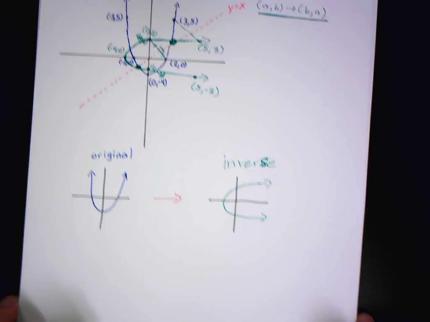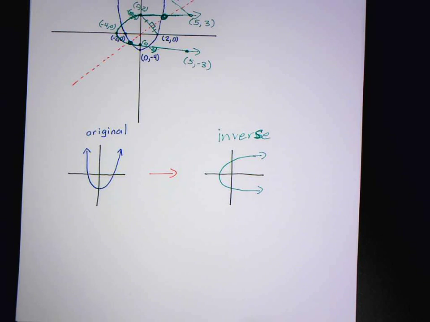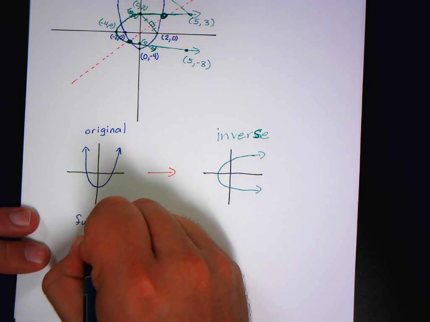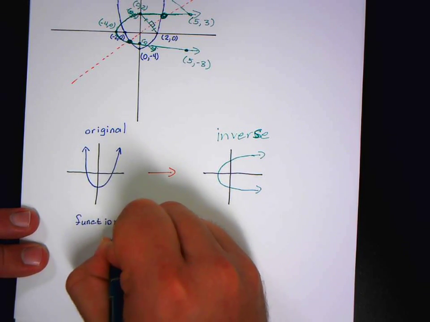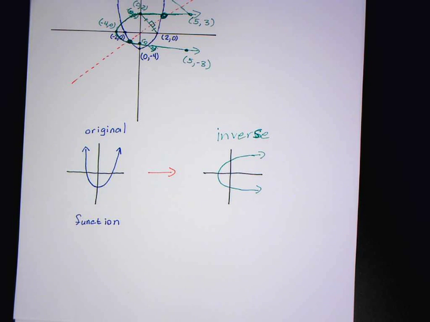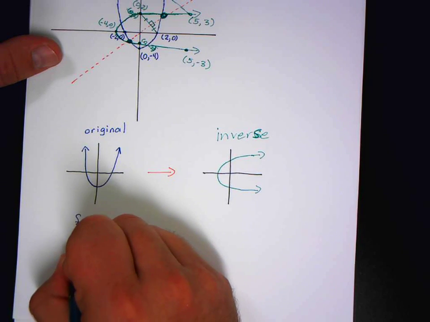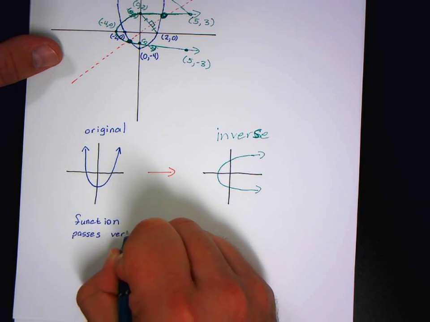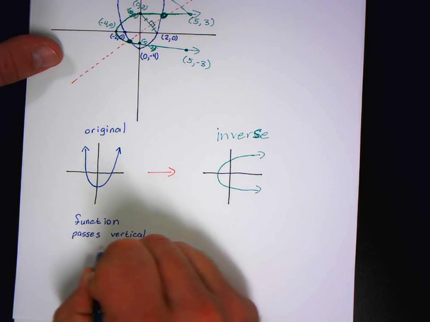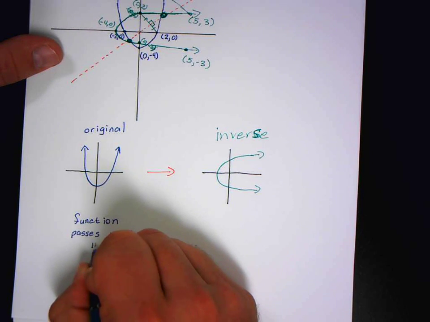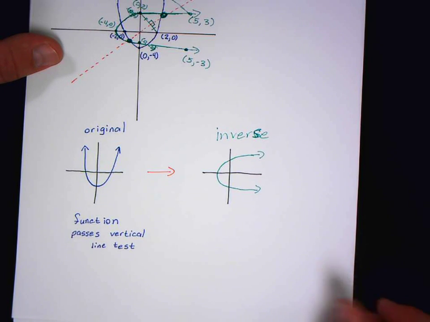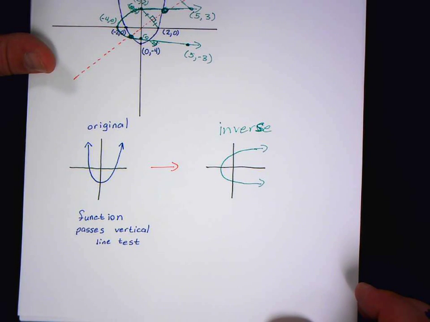Now notice the original is a function, right? How can I tell that the original is a function? Yeah, it passes the vertical line test. My inverse, however, is not a function, right?